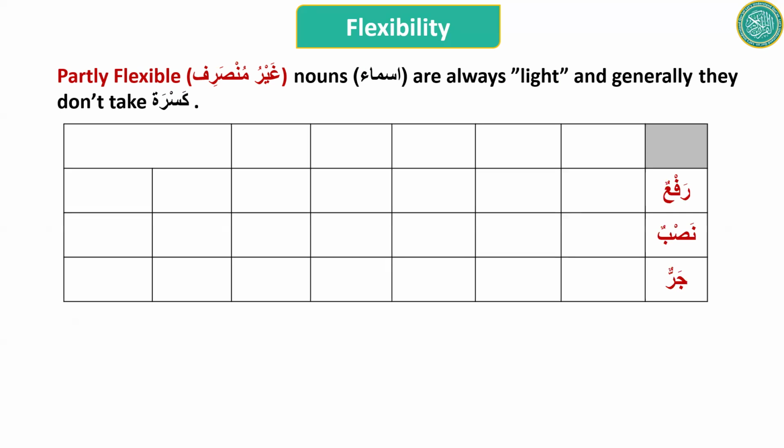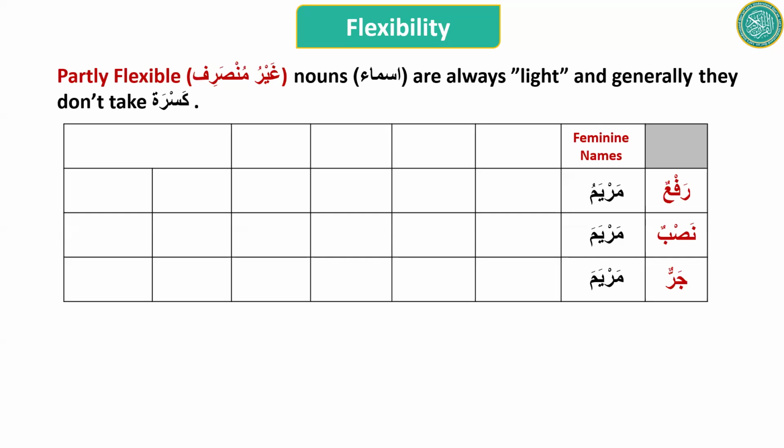For example, all the feminine names are always partly flexible. You will never see Maryamun or Maryaman or Maryamin. No, it will never be like that. No feminine name will be heavy.